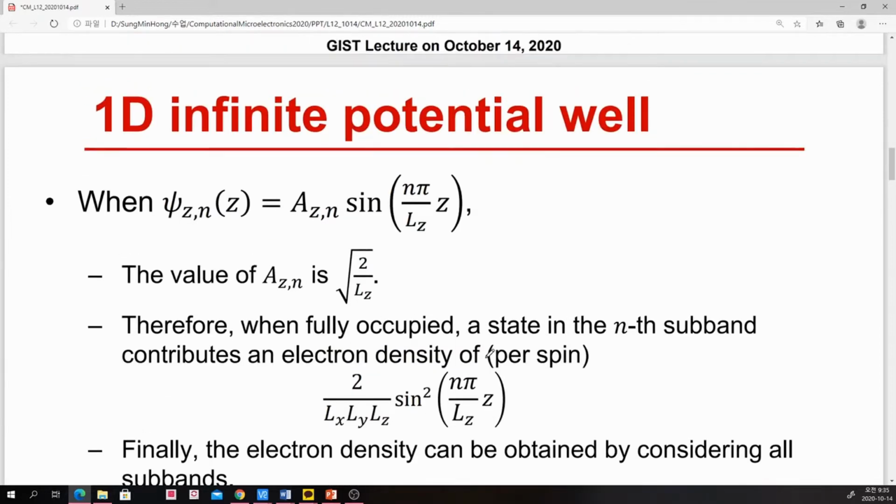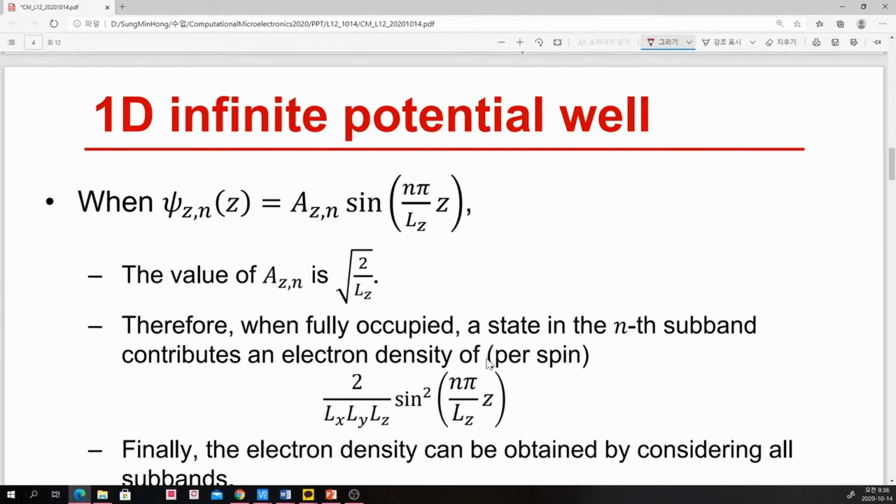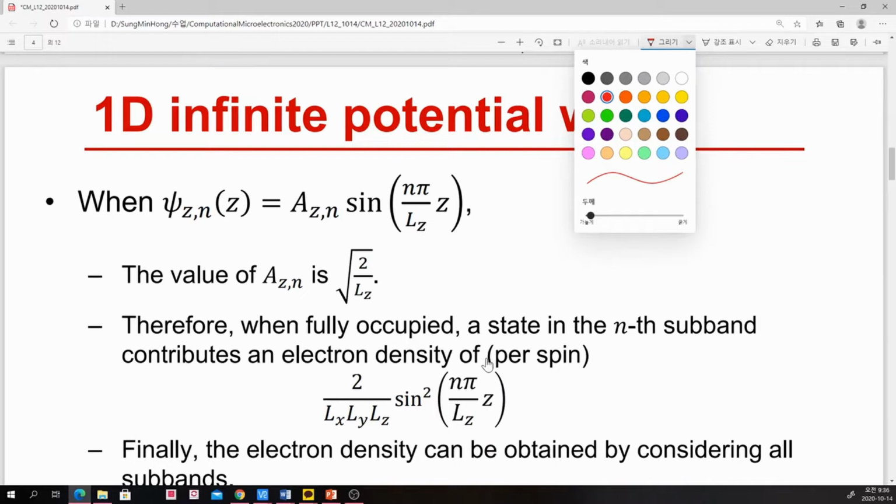One-dimensional infinite potential well problem. Why do we consider this one? This will be used as a simplistic example. Later we will talk about more general cases, but why don't we just apply our developed technique to the 1D infinite potential well problem. In this case, fortunately, we have full knowledge of the wave function.